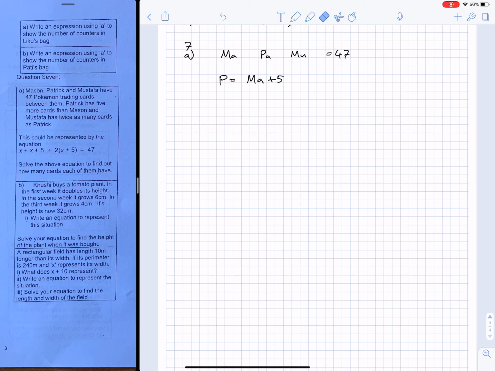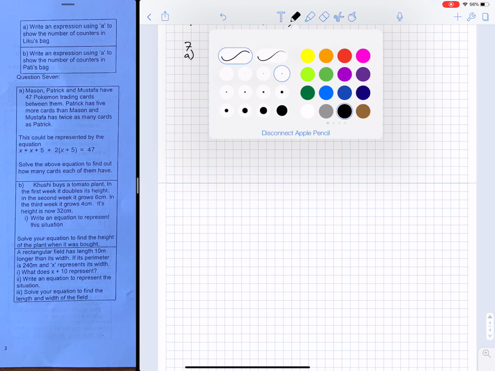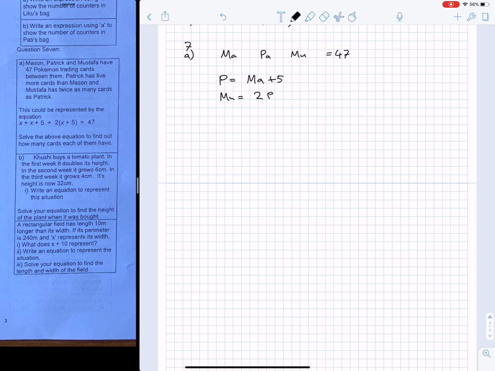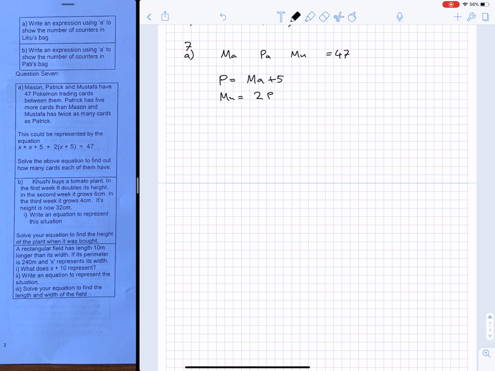And Mustafa has twice as many cards as Patrick. So this could be represented by an equation. Solve the above equation to find out how many cards each of them have.